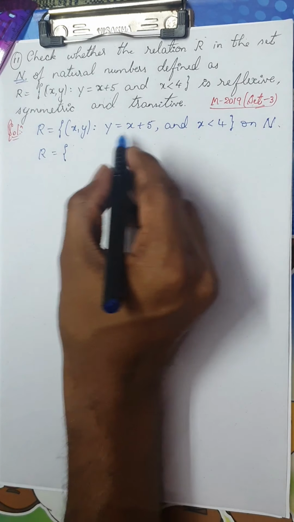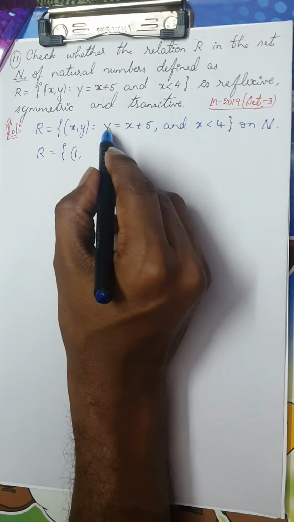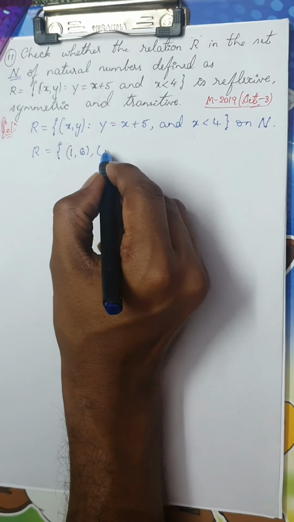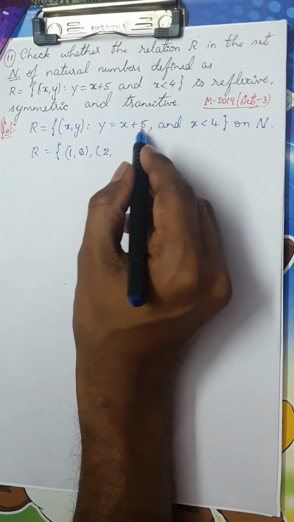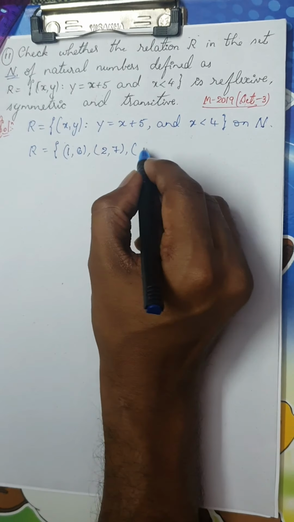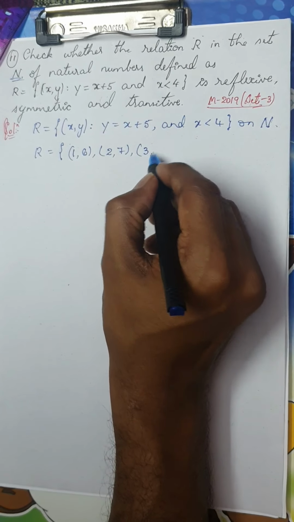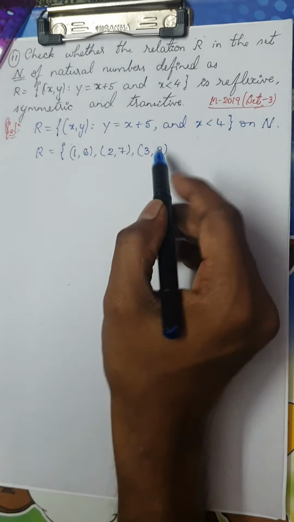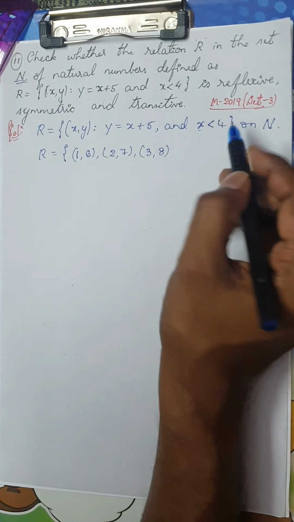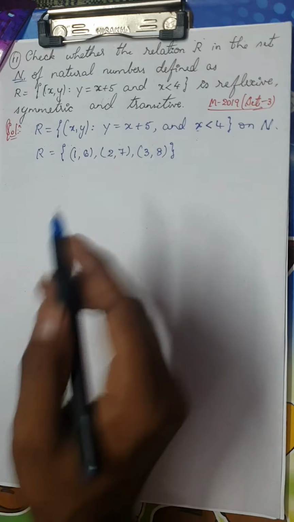So let me put x is equal to 1. y would be 1 plus 5, that is 6. If x is equal to 2, y would be 2 plus 5, that is 7. If x is equal to 3, y is 3 plus 5, that is 8. I cannot go further because it says x is strictly less than 4. That's all. Now let me write the relation.